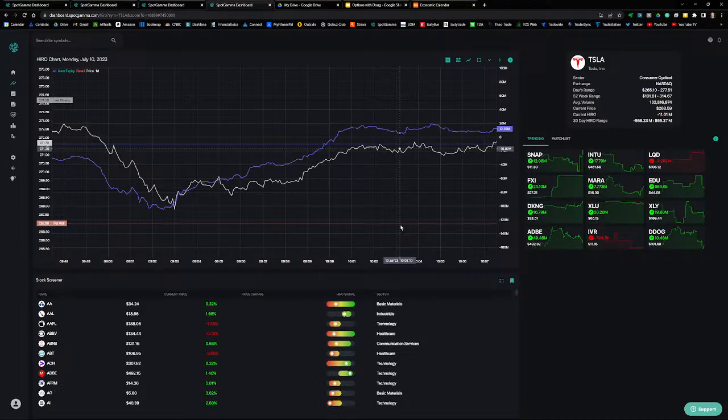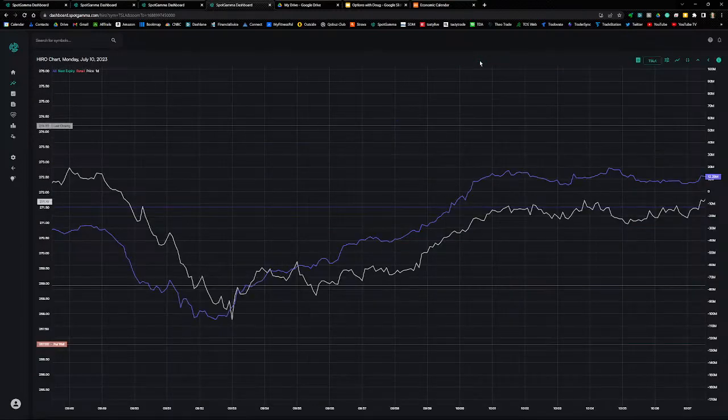So this alert for Tesla is pointing out this divergence here. Or not really a divergence, but a confirmation. So HIRO starts to rise and price follows pretty quickly, shown by that rising purple line. Price follows higher.